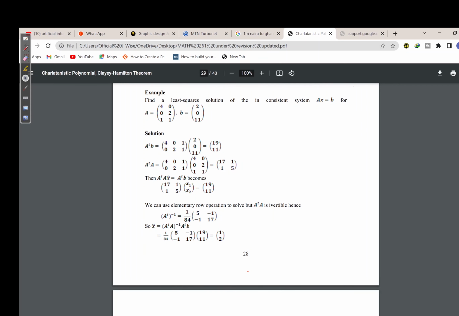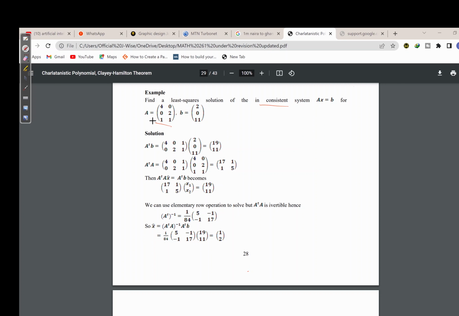We have to find the least squares solution of the inconsistent system Ax equals b, where A is a 3 by 2 matrix, with 3 rows and 2 columns, and b is 2, 0, 11.